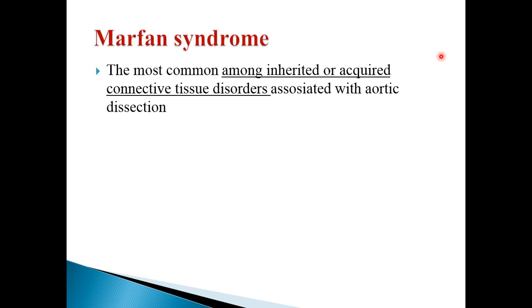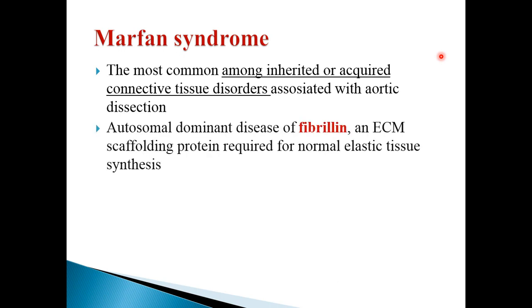Just a few words about Marfan syndrome. This is the most common among inherited or acquired connective tissue disorders that are associated with aortic dissection. It is caused by an autosomal dominant defect in fibrillin.